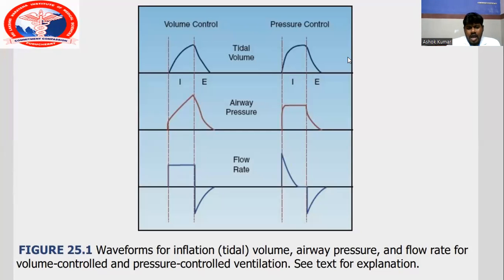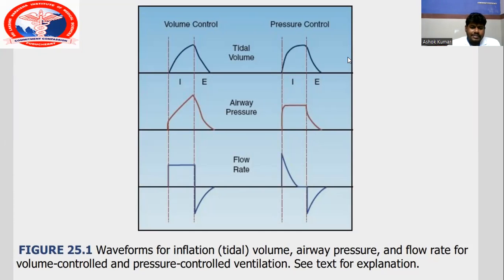In volume control ventilation, the inflation volume is pre-selected and constantly increases. Then the flow is constant. After the inflation pressure is reached, it suddenly decreases to zero. Then the expiration phase takes place.